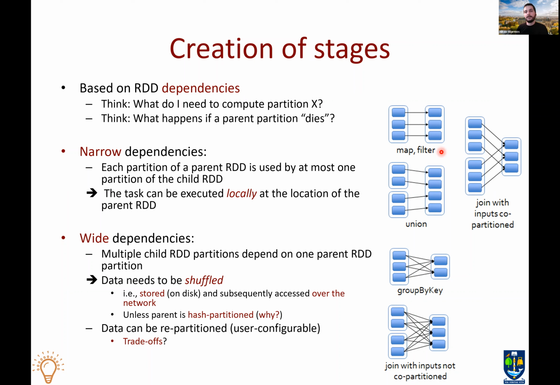So you may want to reduce the level of parallelism, for example, if your cluster is low on resources or for whatever other reason, or you may want to increase the level of parallelism if you have too strong of a cluster and a very small file and you're not taking advantage of all of the parallelism. Okay.